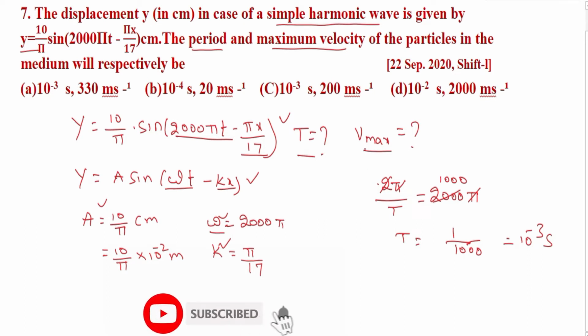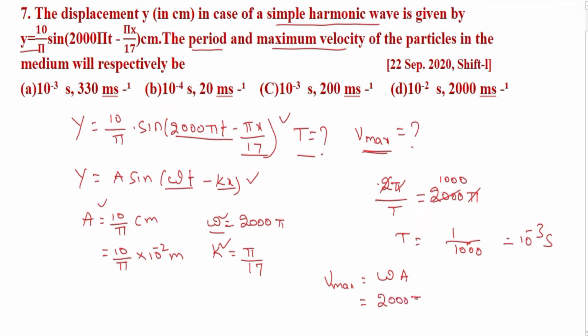Now let us calculate V maximum. We know the formula for V maximum is V max is equal to omega A, where omega is the angular velocity and A is the amplitude. He gave the value of omega as 2000 pi, into the amplitude 10 by pi into 10 power minus 2 meters.